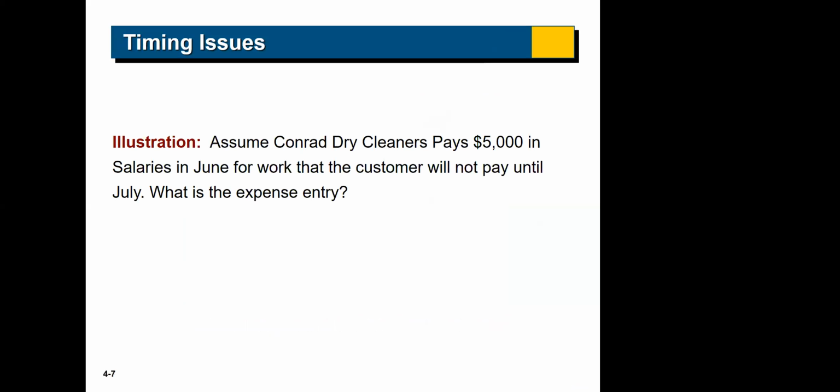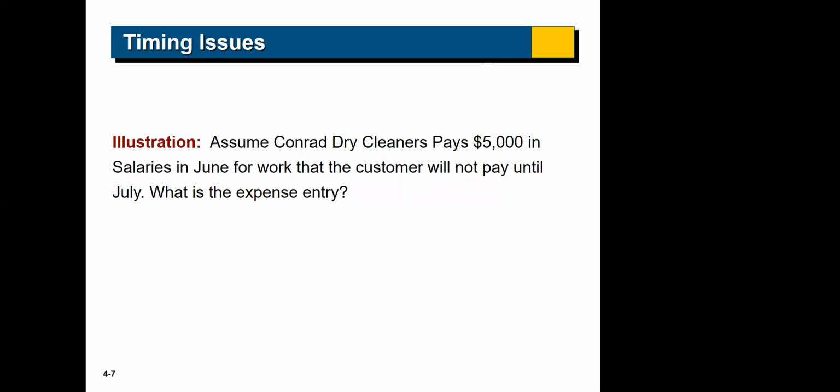So assume Conrad Dry Cleaners pays $5,000 in salaries in June for work that customers will not pay until July. What is the expense entry? June. The expense entry is actually in June, because it doesn't matter when the customer is going to pay you. If those people worked in June, that's when they have to be paid. That's when the expense occurred.